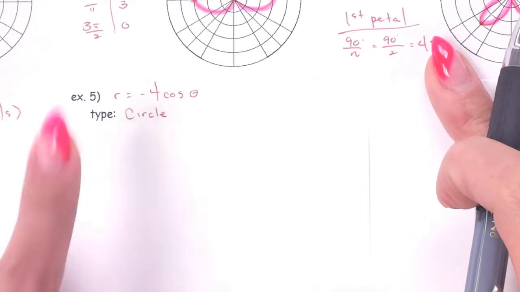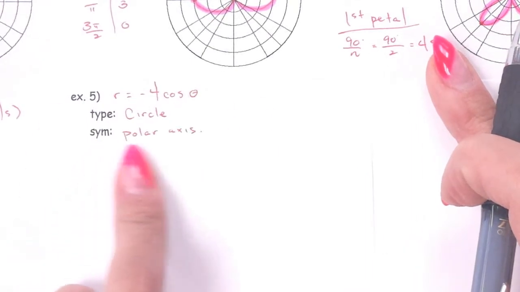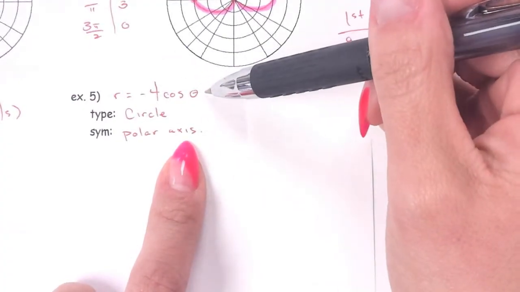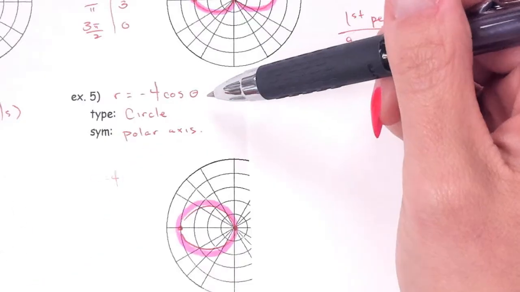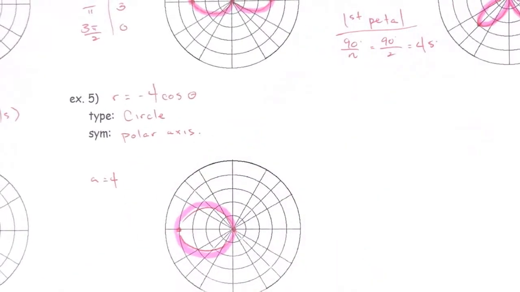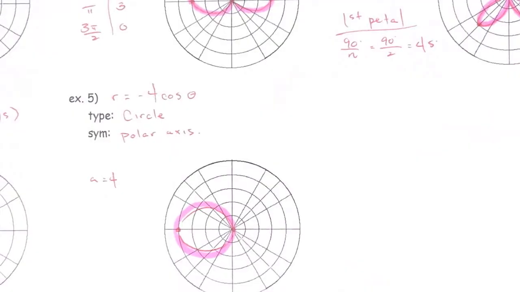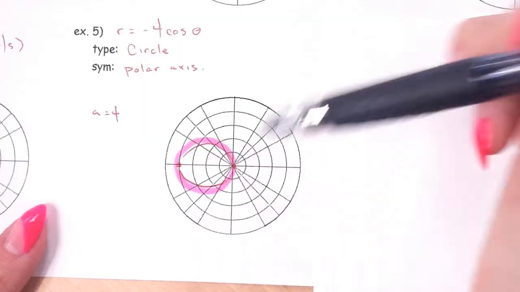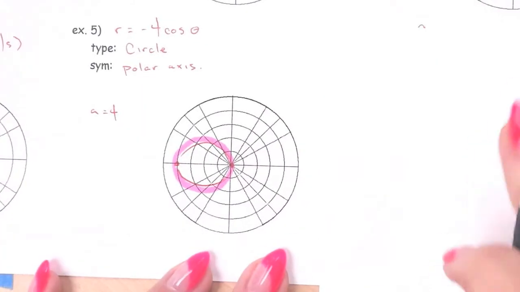Otherwise it would be a limacon. And then it's going to have symmetry around the polar axis. So where's the circle going to be? You should know. The circle is going to be on the left side, like that. And then the diameter is going to be 4. That's it. Circles are super easy. Sometimes they're hard to draw because my circles end up kind of funny looking. But yeah, it's pretty close, right?